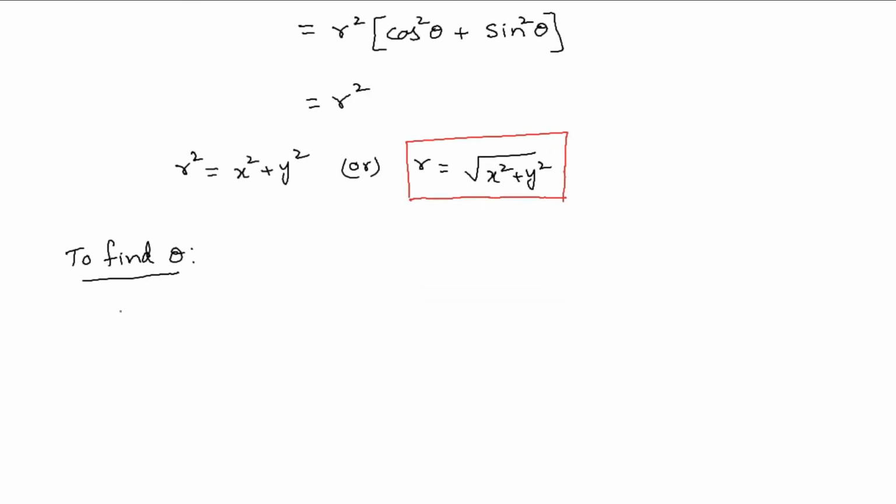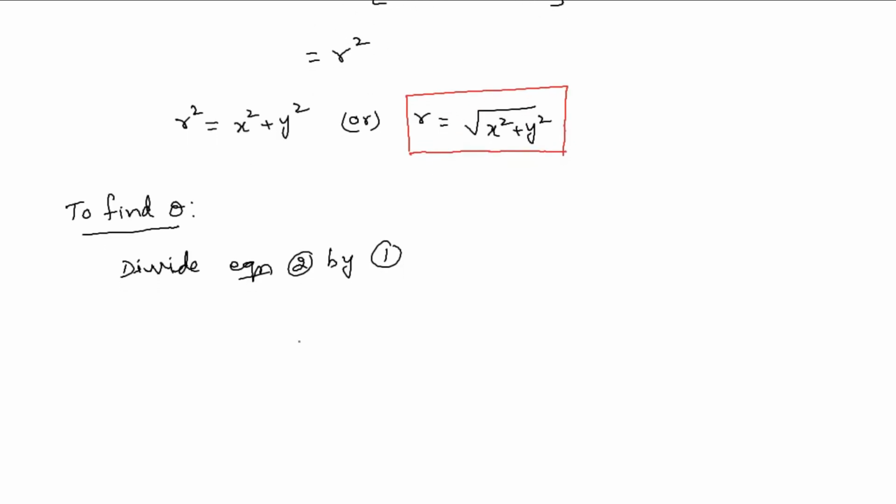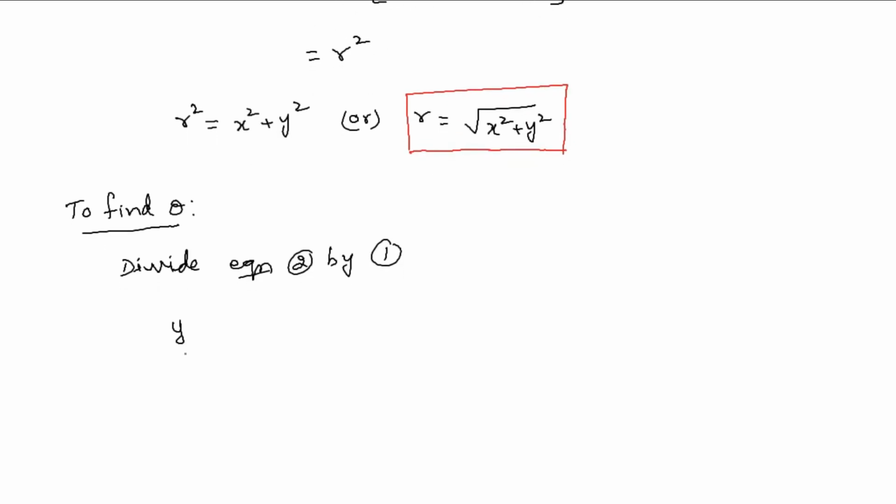So we divide equation 2 by equation number 1, and we get y by x on the left hand side. On the right hand side, the value of y is r sine theta, divided by the value of x, which is r cos theta.